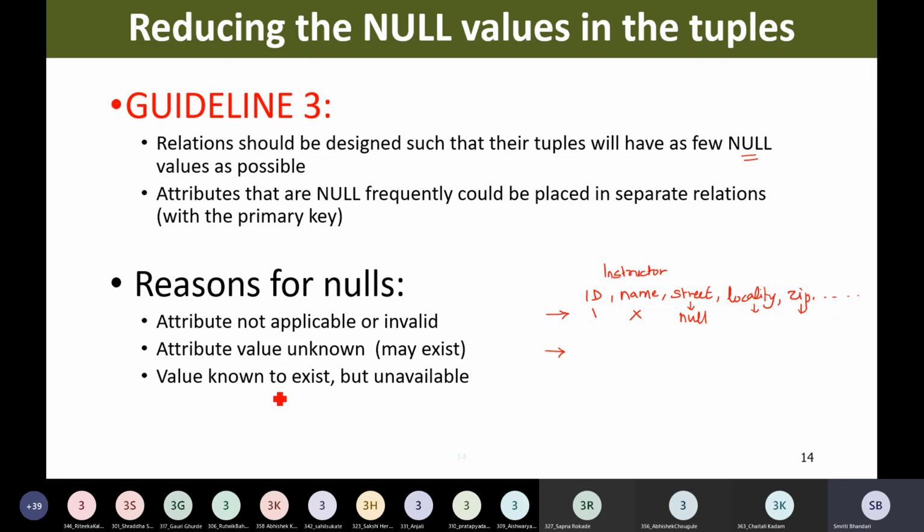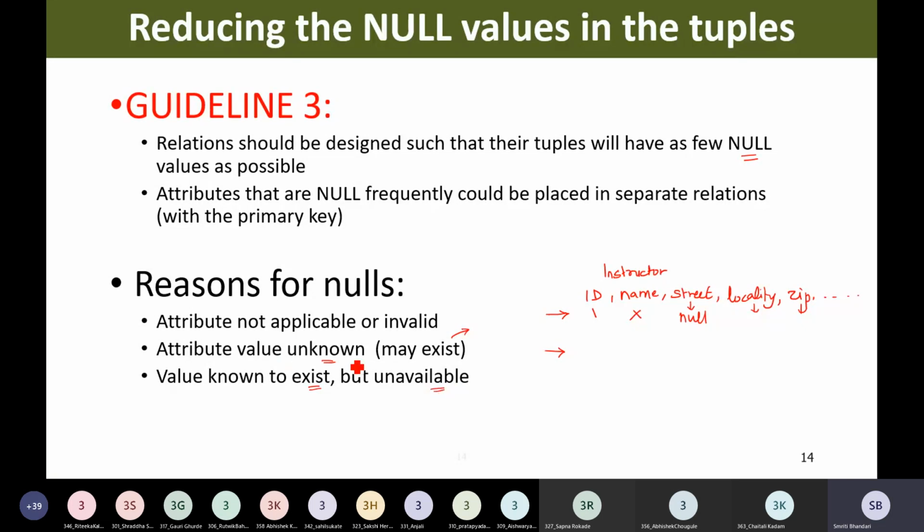Third reason is value known to exist but unavailable. So here in second case, attribute value is unknown, not known, but that may exist. So we are not sure whether that exists or not. In third case, we are very sure that the value exists, but whenever we are inputting the data, that is unavailable. So after some time, it may be available.